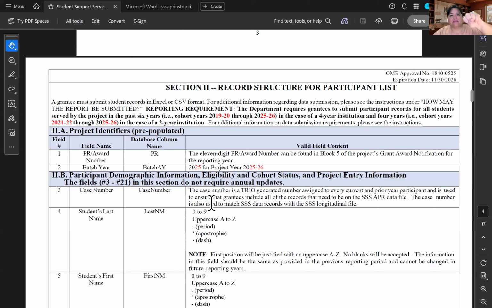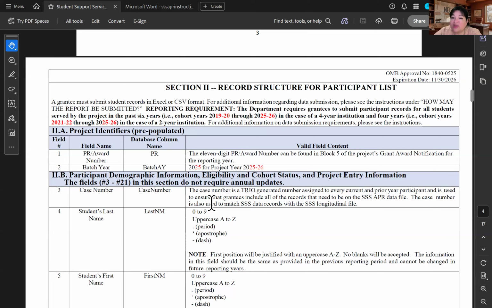They take that, make it theirs, rename it, and probably give you another clean version of it, which usually has the PR award number on there, and it usually says final from the Department of Ed. That Excel file will now contain the case numbers for anybody new for 25-26. You can't get case numbers for 25-26 students that are new until you upload the report for 25-26.